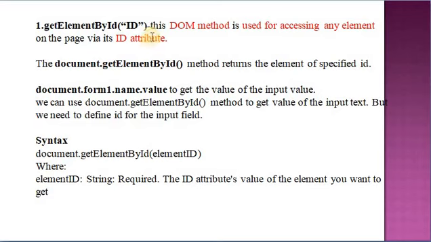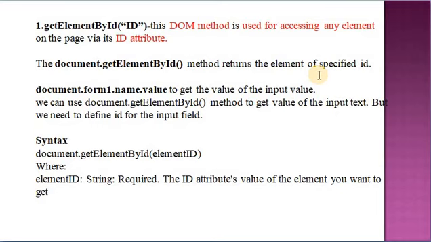getElementById method. This DOM method is used for accessing any element on the page via its ID attribute. The document.getElementById method returns the element of a specified ID.